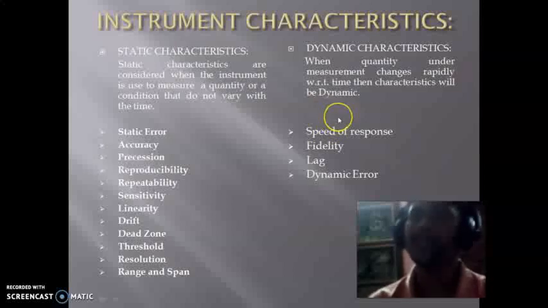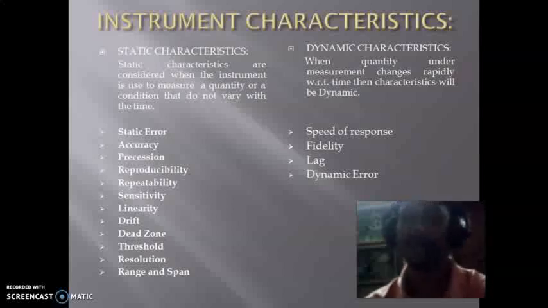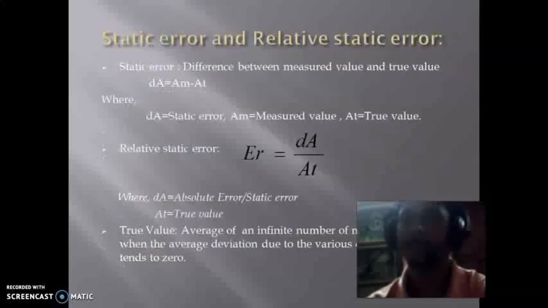When the quantity under measurement changes rapidly with respect to time, this kind of characteristics is called dynamic. These are characteristics that change with time, like speed of response, fidelity, lag and dynamic error. I will discuss these in the next slides.